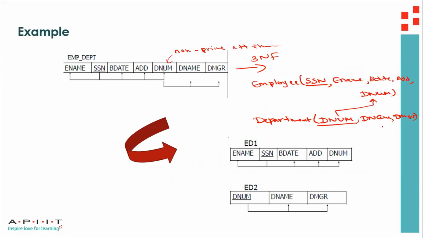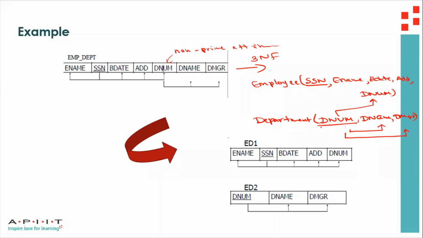D name is depending on dnum, and D manager is depending on dnum, and this dnum should be the super key. This is a must. That's why I told you that if we have completed the third normal form, automatically Boyce-Codd is available. So don't worry, dnum is the super key.